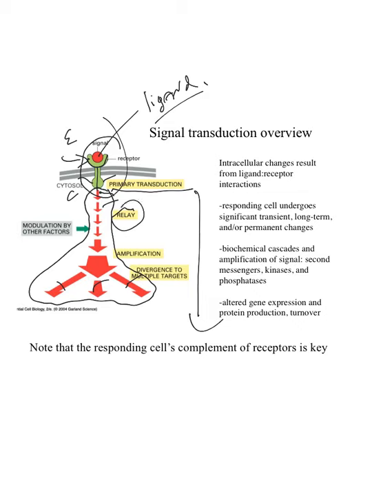Other things that can happen along the way in the network is amplification of the signal, where we go from a sort of one-to-one relationship to maybe a 1 to 100 and then a 100 to 10,000, some kind of dramatic amplification, chemical amplification in the pathway. And then another feature is often divergence.